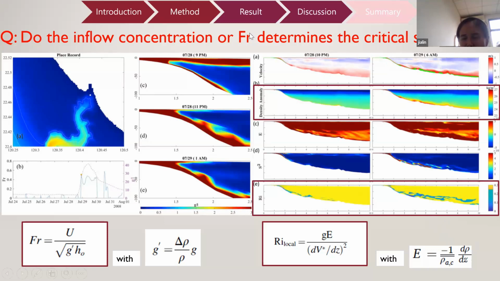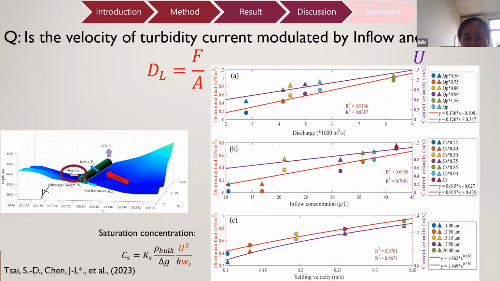So in this session, we found that the Richardson number is a useful criteria for us to determine if the density current in the ocean will occur. And in the last part, we want to go back to the subsea cable application.